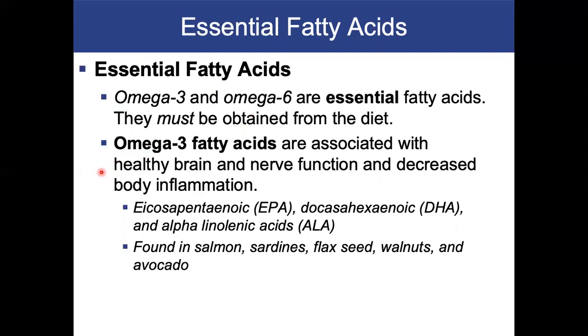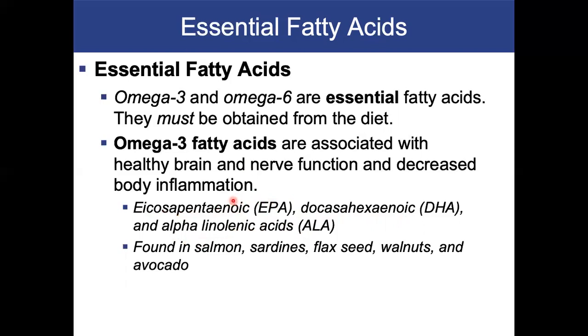Here are your omega-3 fatty acids. So EPA, which is eicosapentaenoic acid, DHA, which is docosahexaenoic acid, and ALA, which is alpha-linolenic acid. These are your omega-3 fatty acids. You need them because they help lay down the fats, the insulation of the myelin sheath around your nerves in your brain.